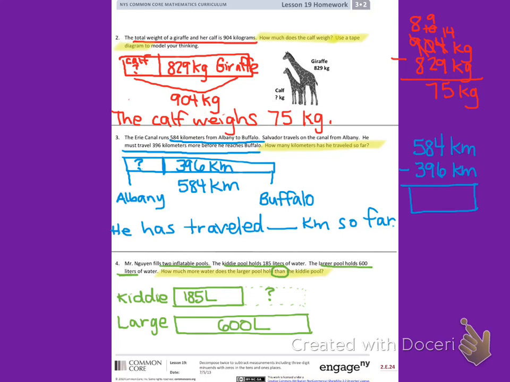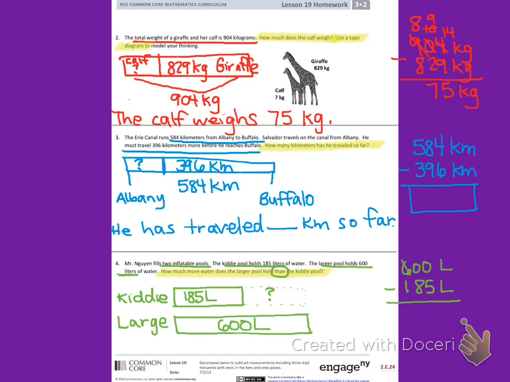So let's take the numbers 600 liters and take out the 185 liters that the kiddie pool holds. Remember, start at the top in the ones place. If there are 0 ones, you cannot take anything away, so you borrow from the neighbor. Unfortunately, the neighbor has nothing as well, so then we have to borrow from the 6.